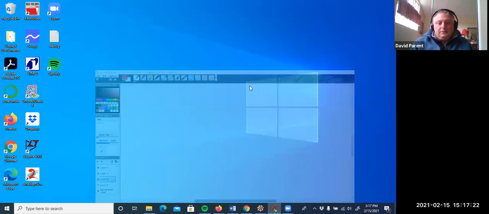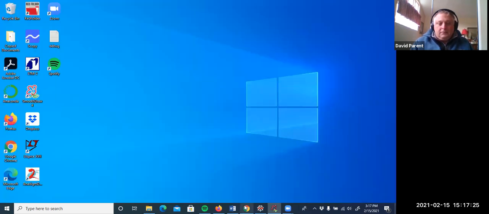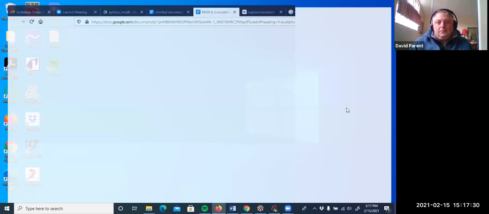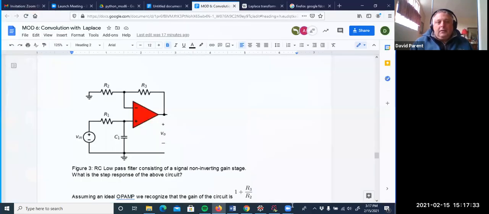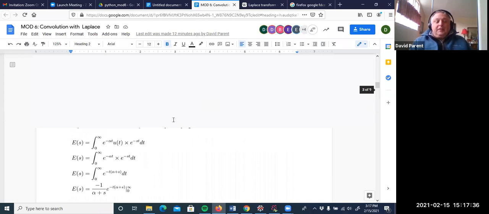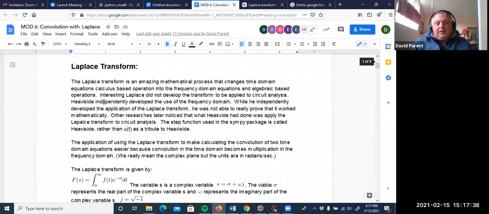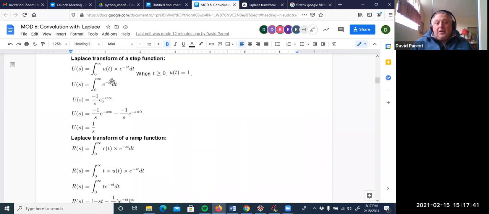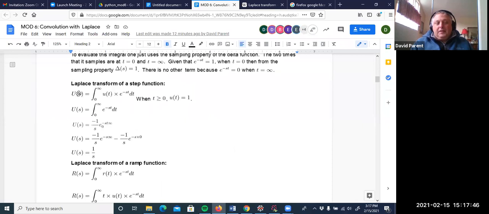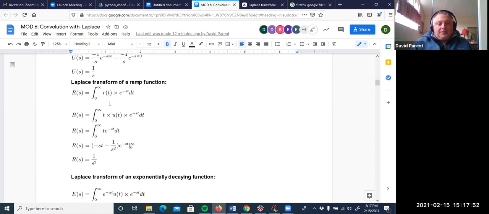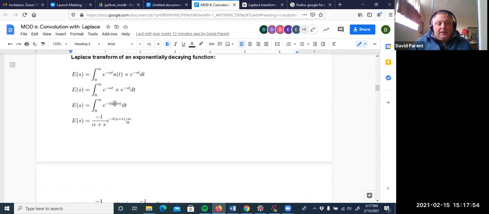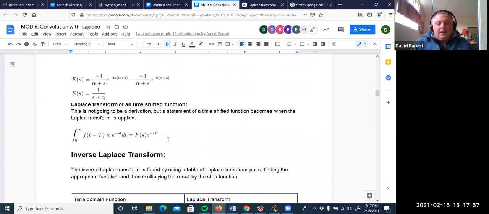Now, I just did them, and you can go through them, but really, if you were in differential equations, you might be asked: derive the Laplace transform of the step function, derive it for the ramp function, derive it for exponentially decaying, derive the time delay, or prove the time delay.